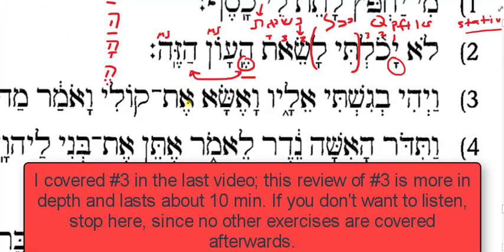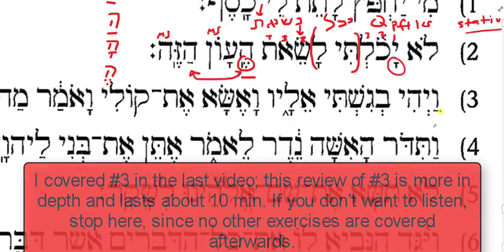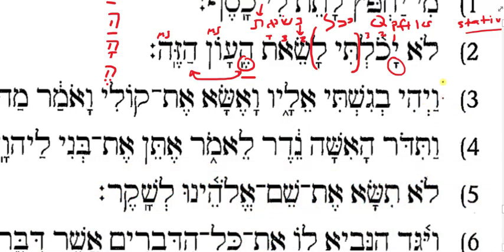All right, let's look at number 3 here. So I have vayhi bigishti elav. Vayhi, is that a WCI or WCP form of haya? It's a WCI. Notice I have the patach here under the vav.